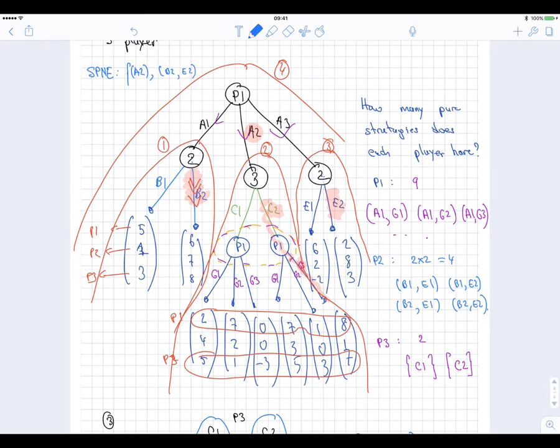For player 1, I made a mistake for player 1, right? What should I have written for player 1? He goes twice, right? So it's A2, G1. A2, G3, sorry. And for player 3 it is simply C2. That is your subgame perfect Nash equilibria.